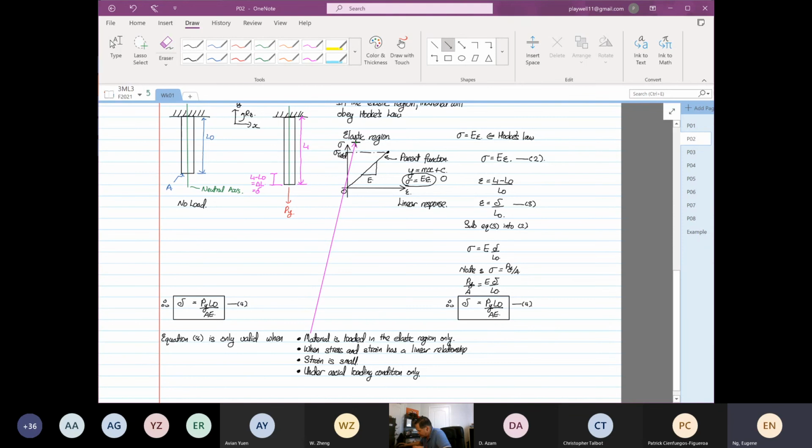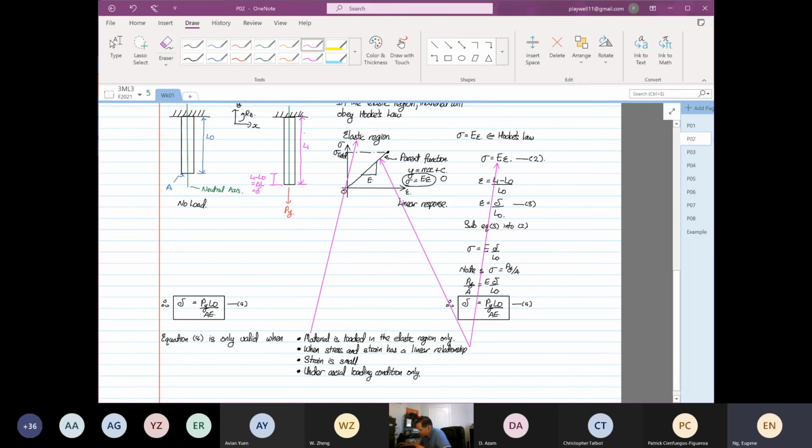We draw this graph and we say it can only operate in the elastic region. When stress and strain have a linear relationship, where did that come from? If and only if they have a linear relationship, then we can apply Hooke's law over here.